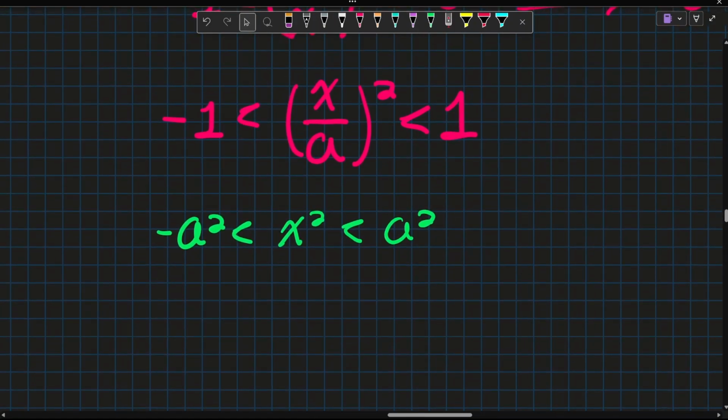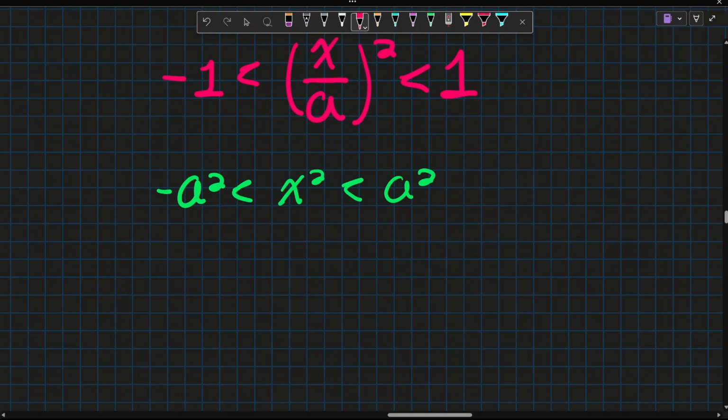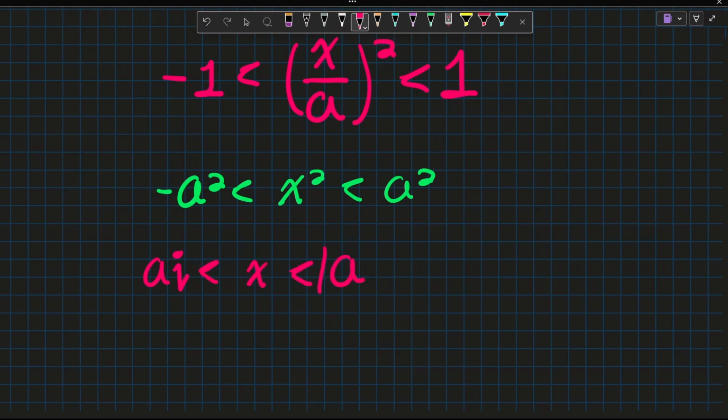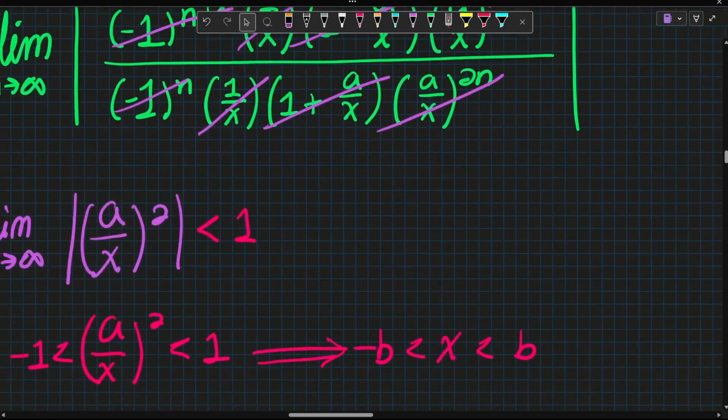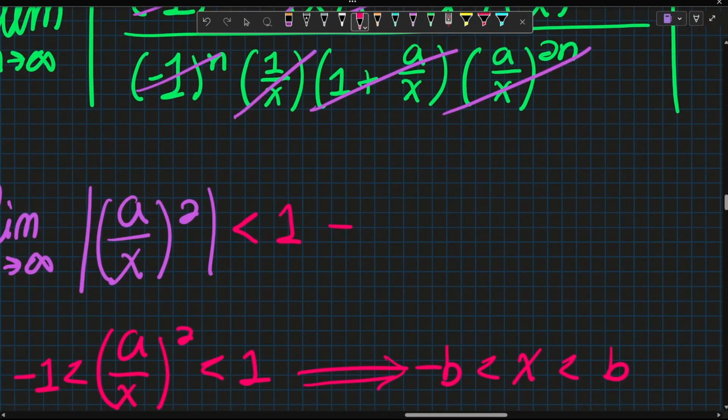Okay. This is where you get something strange. We can still get the radius of convergence. It's just that here you'll have a less than x a, right? Absolute value. Okay, you can forget about what I did here. Just look at this part here.